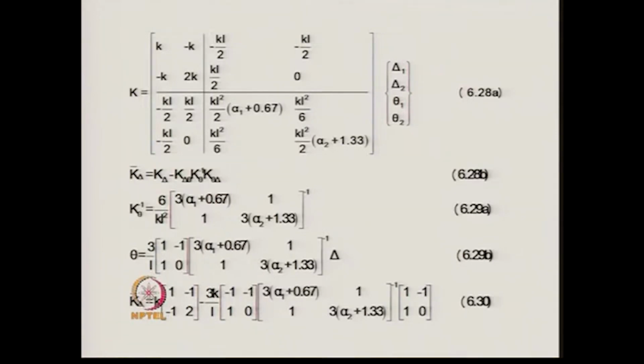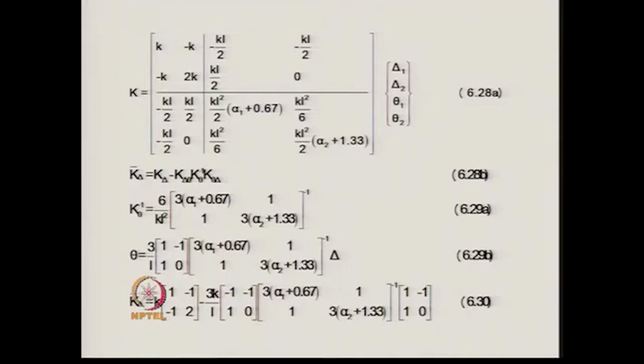In the beginning of the calculation, that is when the system is in the elastic state, alpha 1 and alpha 2 are equal to EIB by EIC, or 6 EIB by 6 EIC.